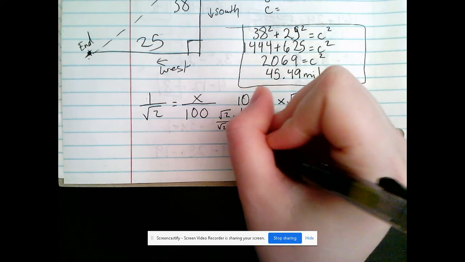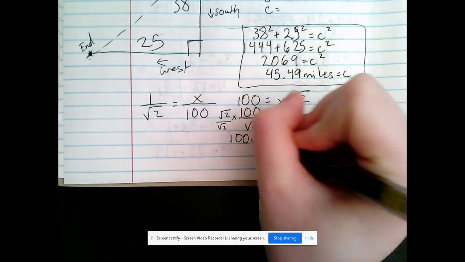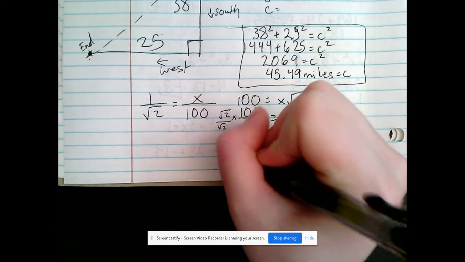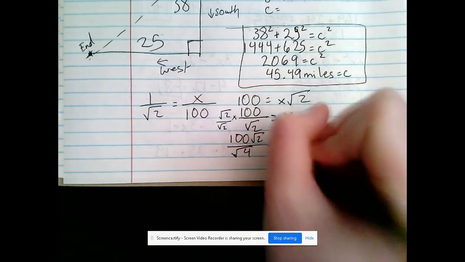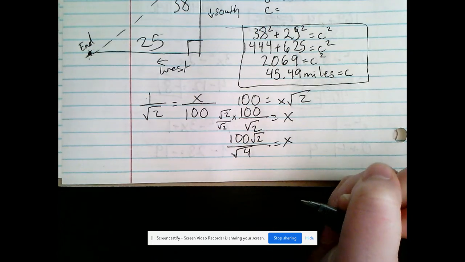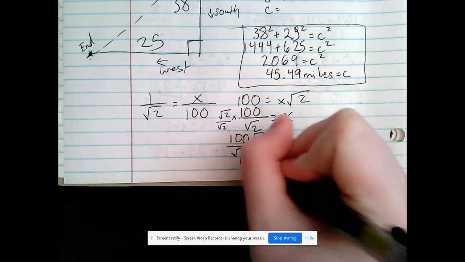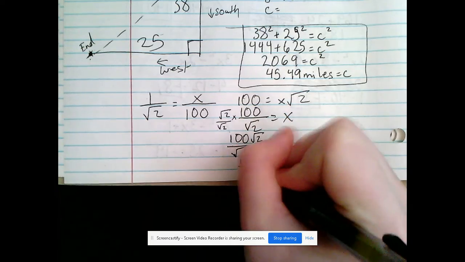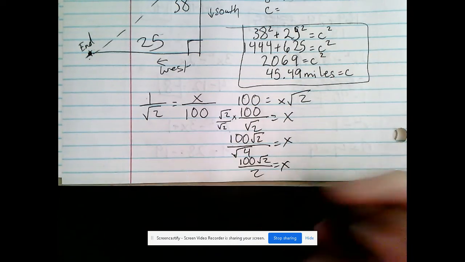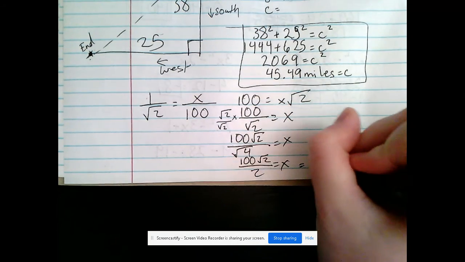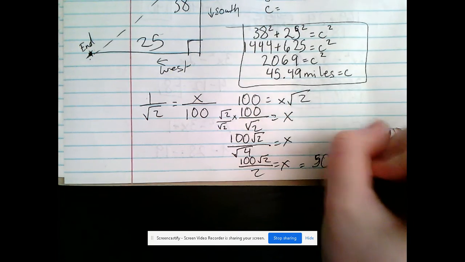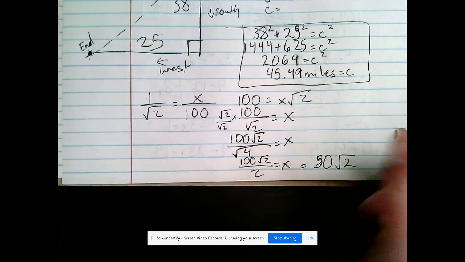So now we end up with 100 root 2 divided by root 4 equals x. So we have 100 root 2 divided by 2 equals x, and 100 divided by 2 gives us 50 root 2 as our answer.